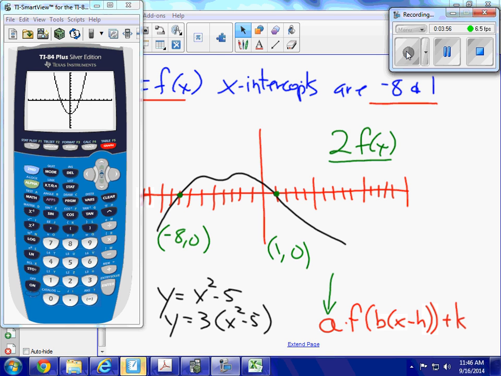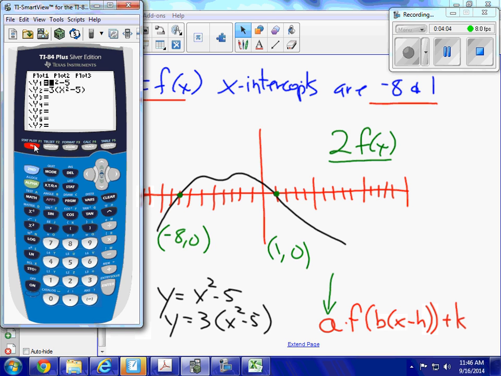So x squared minus 5 is my function. I'm multiplying it by an a of 3. You can see it right here. I'm going to let that one show, and graph it. And you can see it maintains the same intercepts, but it stretches the graph vertically, because it's an a, by a factor of 3.